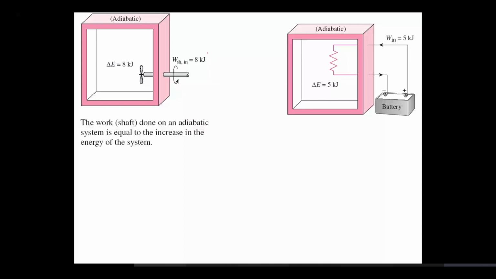In a simpler case, you have seen that the only form of energy interaction is in the form of work. So whatever the net work is being done on the system would result in the change in the energy of the system. It would get a little complicated; we'll see in the next example. So far, is it clear?